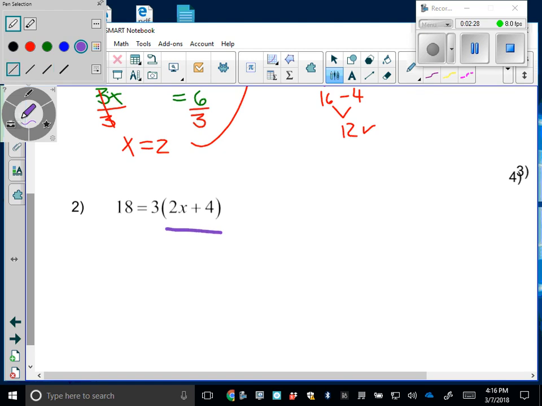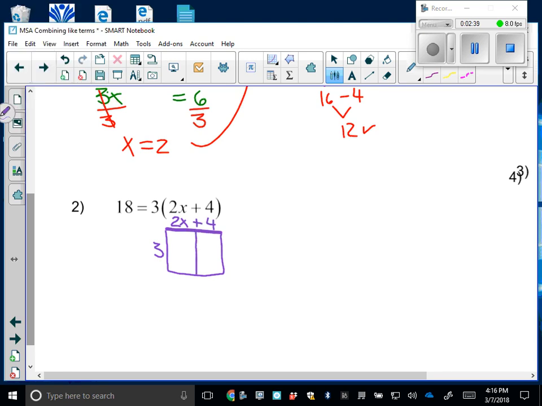So what I was doing here, just trying to remind the students, last year we learned area model, and that's the same thing as distributive property. So 3 times 2x is 6x, and 3 times 4 is 12. So this is the exact same thing as 18 is equal to 6x plus 12.